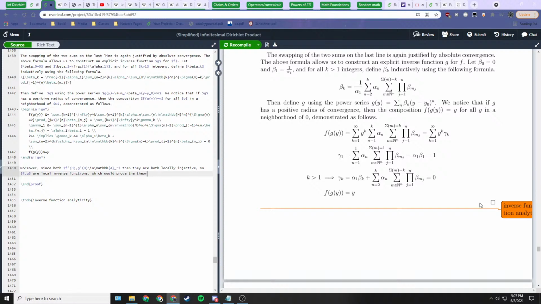To justify the conclusion, we just need to prove that g does have a positive radius of convergence.